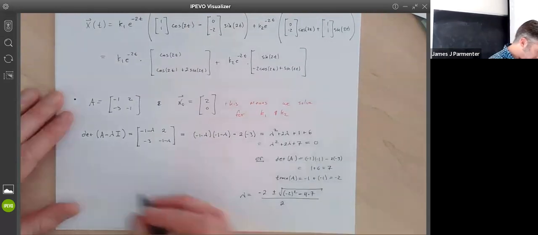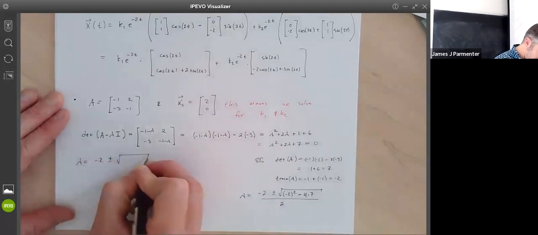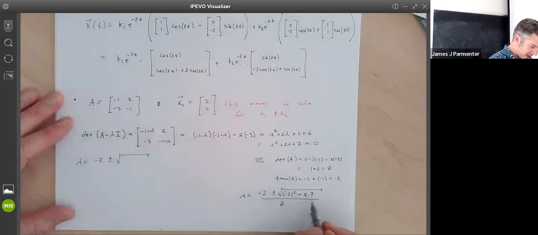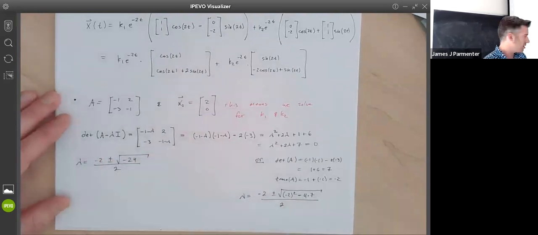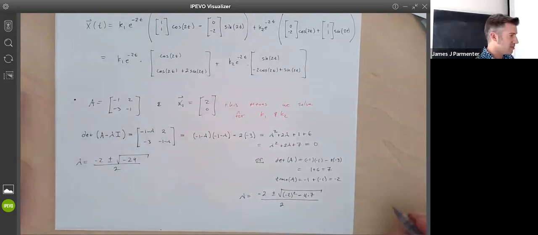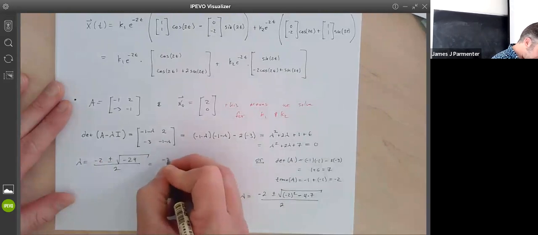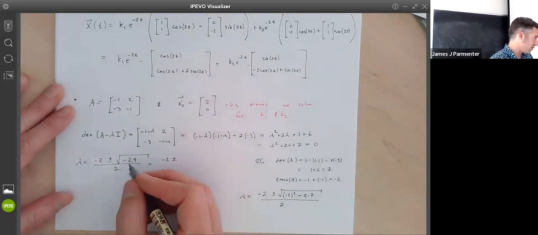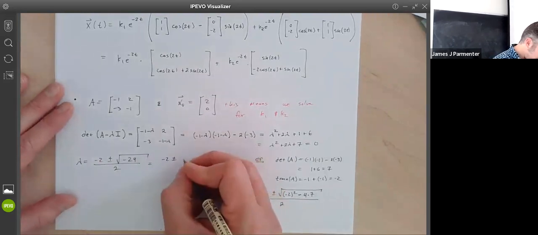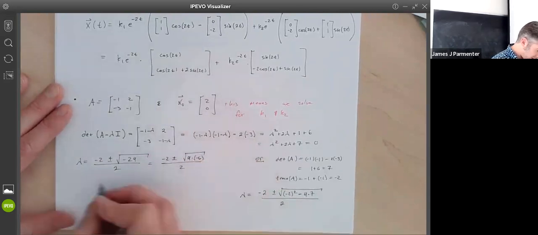Either way, we're going to get lambda equal to -2 plus or minus the square root of 4 minus 28, which is -24, all over 2. It is in our best interest to simplify this if we can. 24 does have a factor that's a square. It's 4 times 6. So I can think of this as the square root of 4 times -6, all over 2. And the square root of 4 is 2.